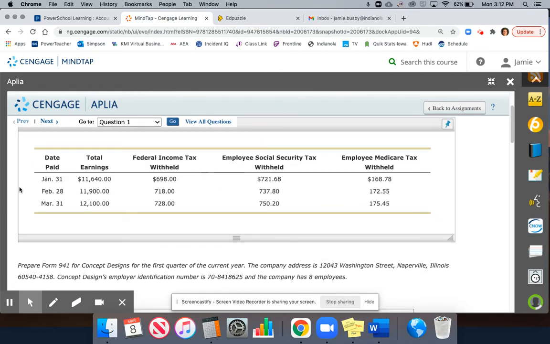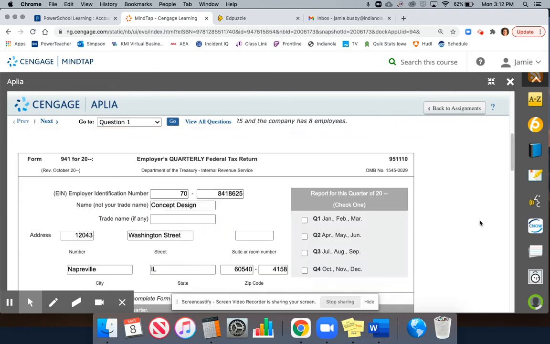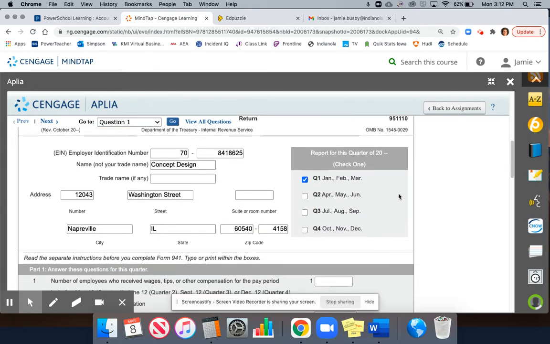And then you could see here, this is for January, February, and March. So we are going to select quarter one, January, February, and March.